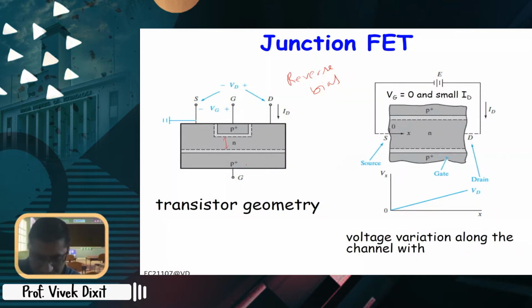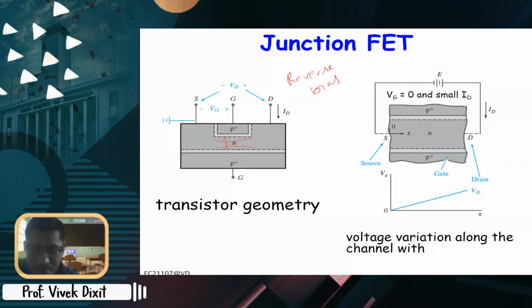Now this is a P plus gate, and this is also a P plus gate. The purpose of P plus here is that most of the depletion region will extend in the N region. Both are identically doped, so both sides the depletion width will be the same for a given applied voltage.